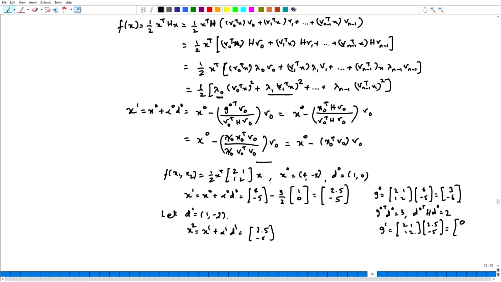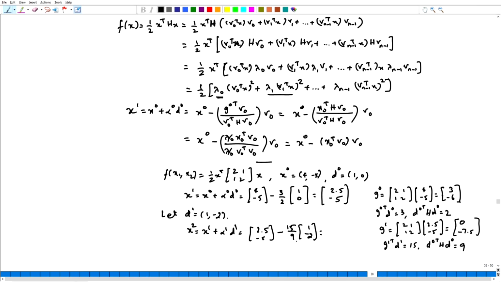And g 1 transpose d 1 is 15, and d 1 transpose H d 1 is 2 minus 4, which is 1, plus 8, which is 9. So, we have minus 15 by 9 times 1 minus 2.